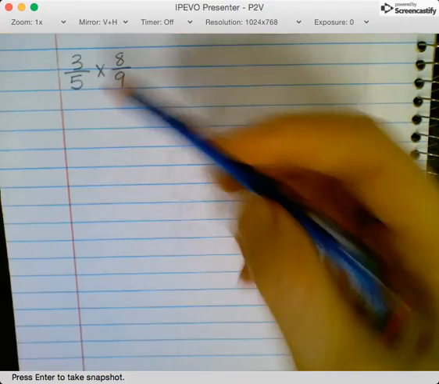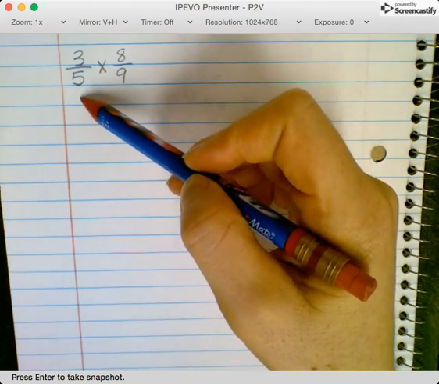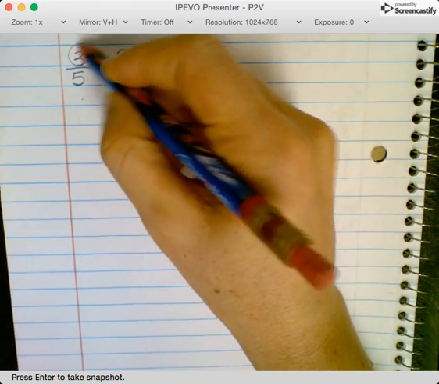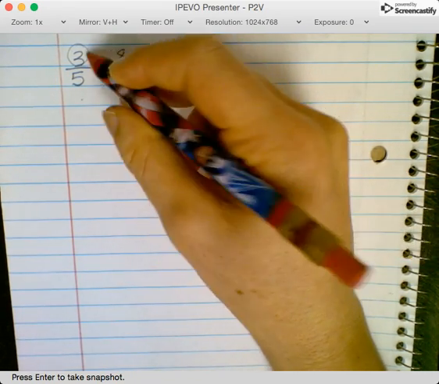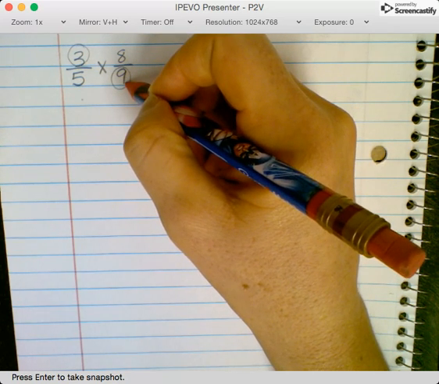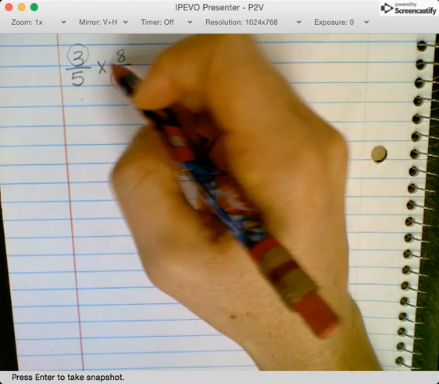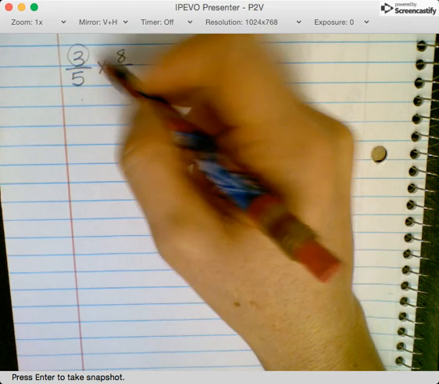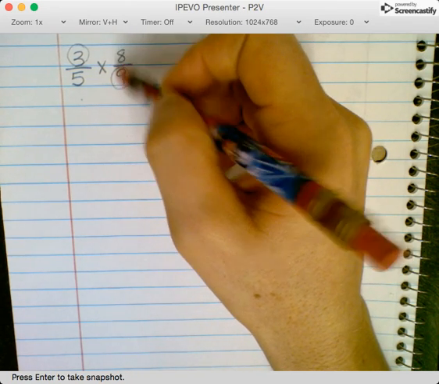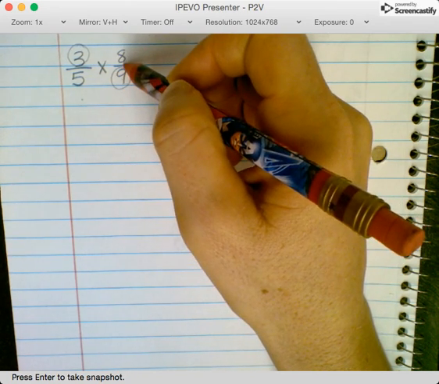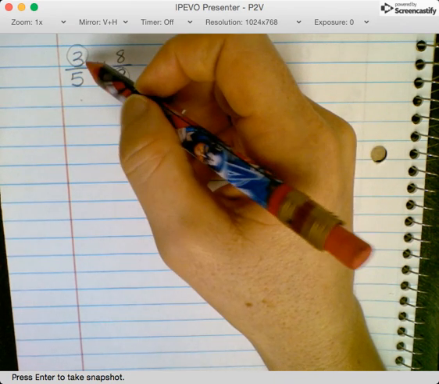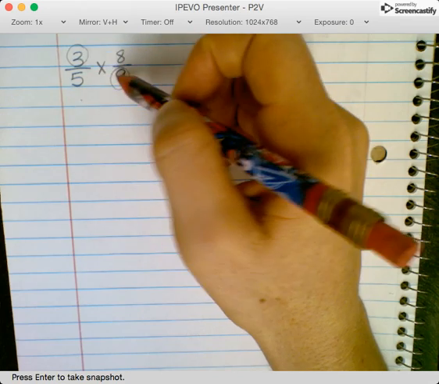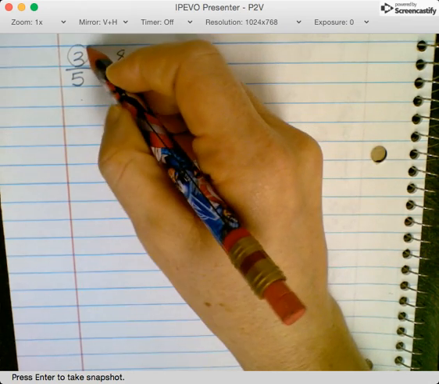Okay, so if I look at these numbers, I notice that I have a 3 over here and a 9 over here, and both of those are divisible by 3. It has to be the ones either top across from bottom, or it could be top and bottom. It cannot be top and top.